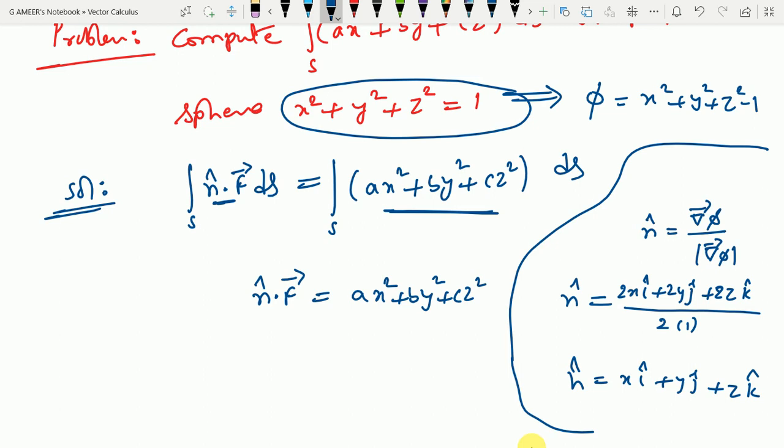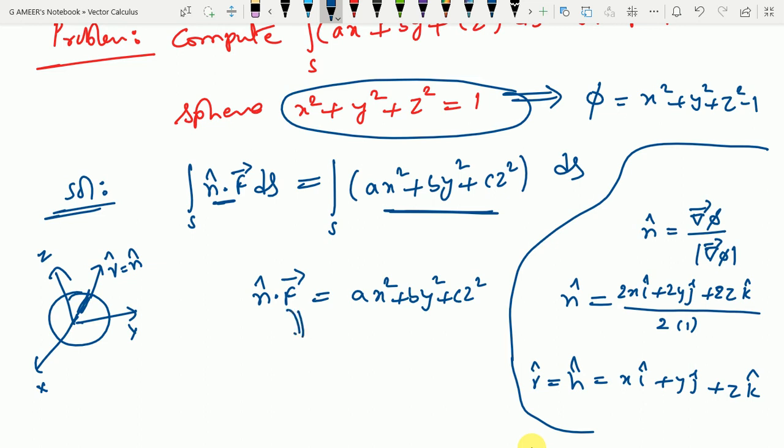In the previous problem I said, for a sphere the radial line itself is the normal. At a particular point, if you draw the r cap, that is the same as the n cap.